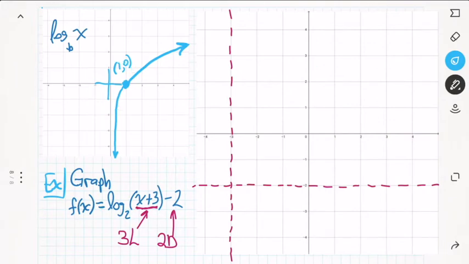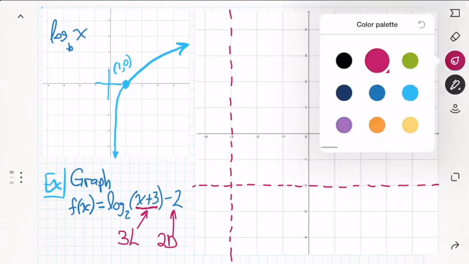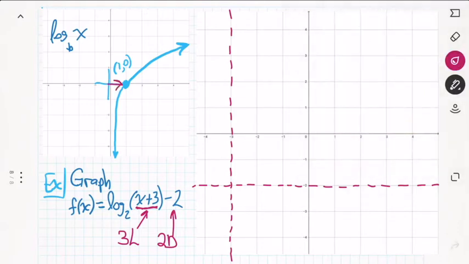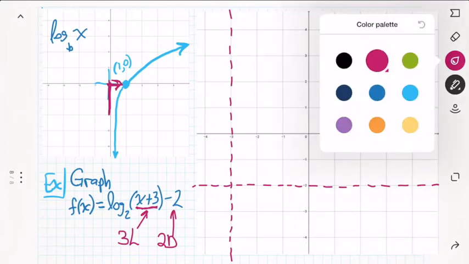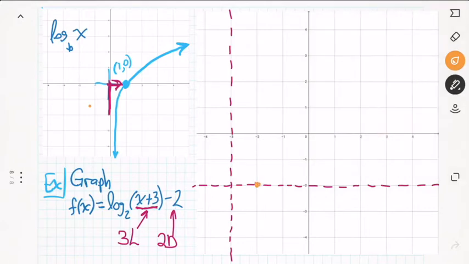When we looked at that, it was always 1 point to the right that we would plot that special point, and then also that would become the vertical asymptote. So when we're at this crosshairs here in this location, since it's all positive except for that, down 2, the graph itself is going to move 1 to the right. So we're going to plot this point.